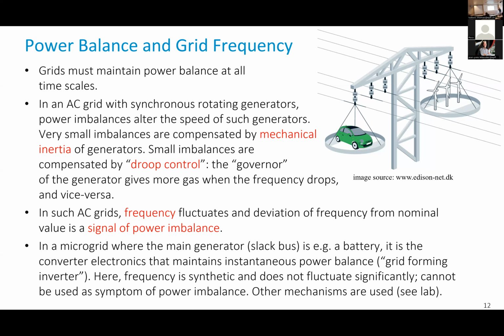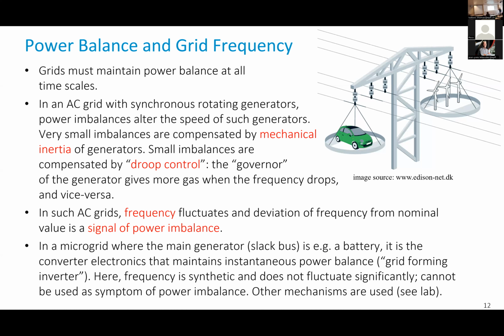In contrast, in such a grid the frequency is set by the converter electronics. It's 50 hertz. The only differences that you see are due to the instability of the oscillator that computes the frequency, which is minuscule. We're talking of thousandths of a millihertz.